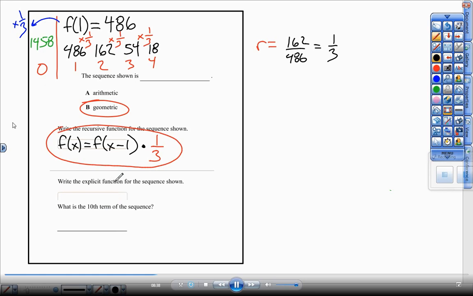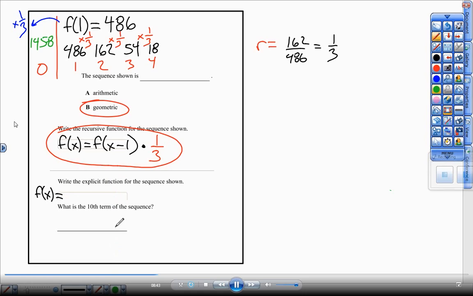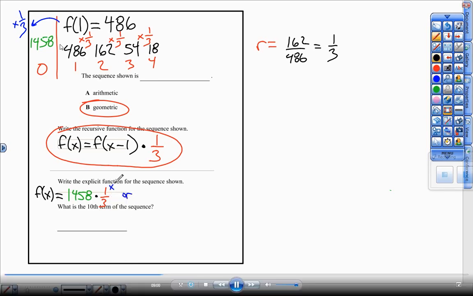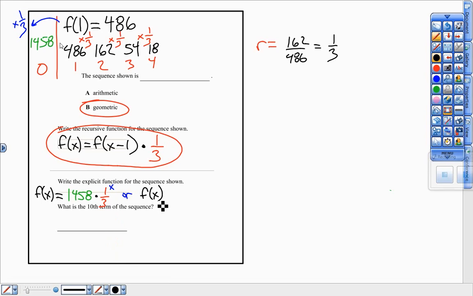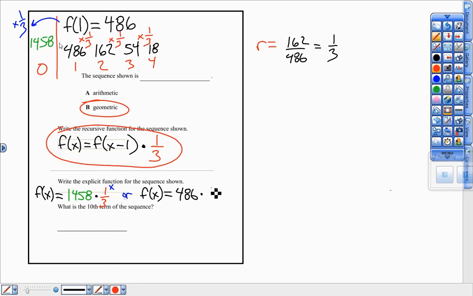My explicit function, I could either use the 0 term, so 1458 times 1/3 to the x power, or I could shift over to the first term and use f of x equals 486 times 1/3 to the x minus 1 power.